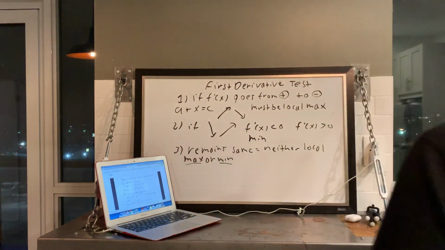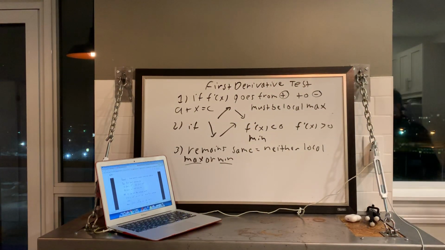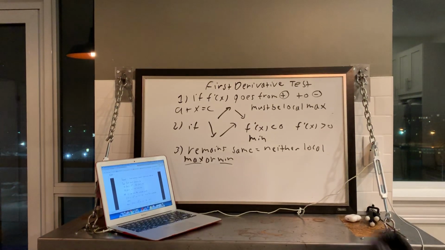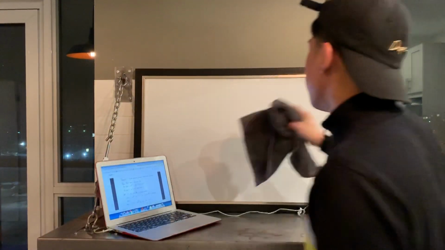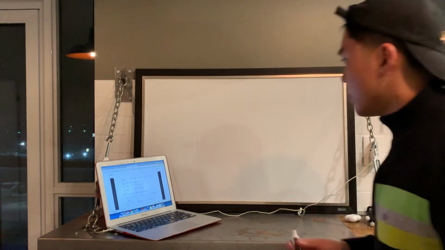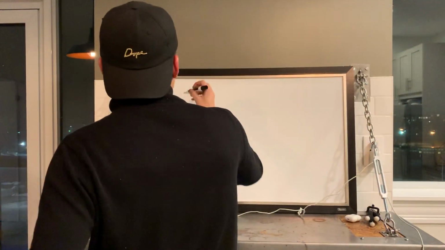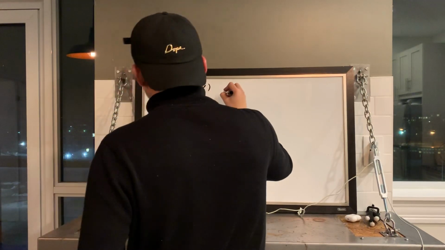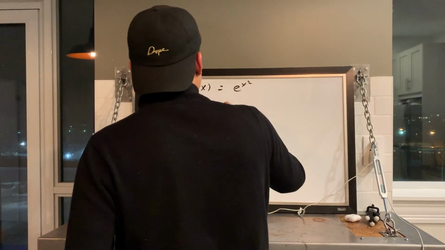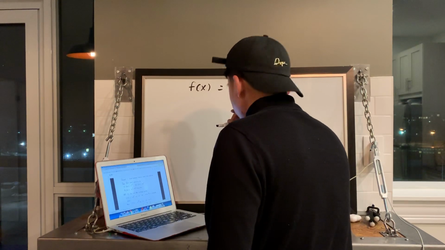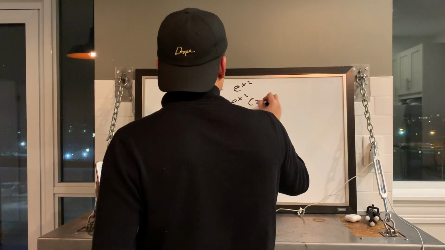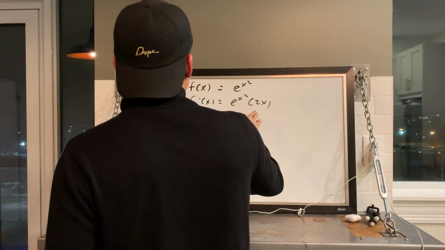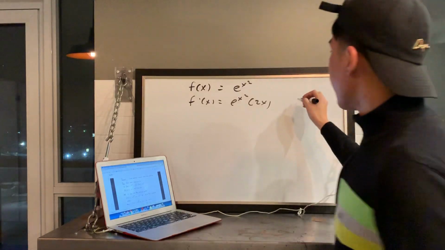So let's look at some examples, because that's what's going to teach us this concept of local extrema. It's not that bad. We just have to know how to find our first derivatives. If f of x equals e to the x squared, then f prime of x equals 2x times e to the x squared. This will never equal 0, by the way, except at x equals 0.